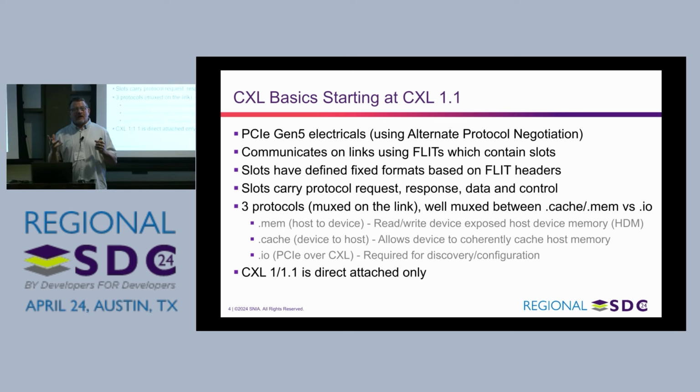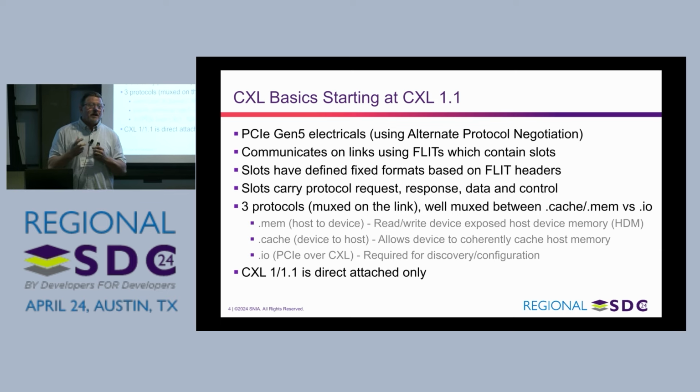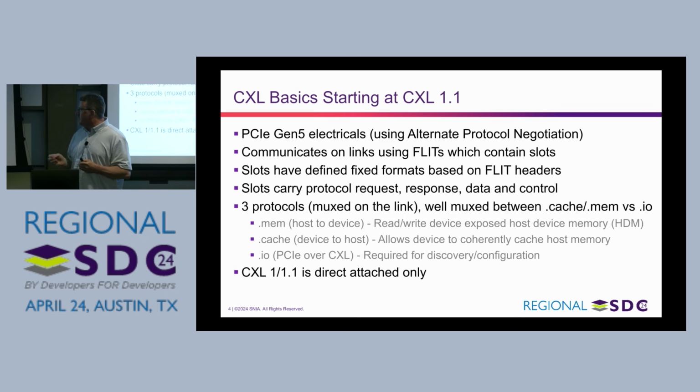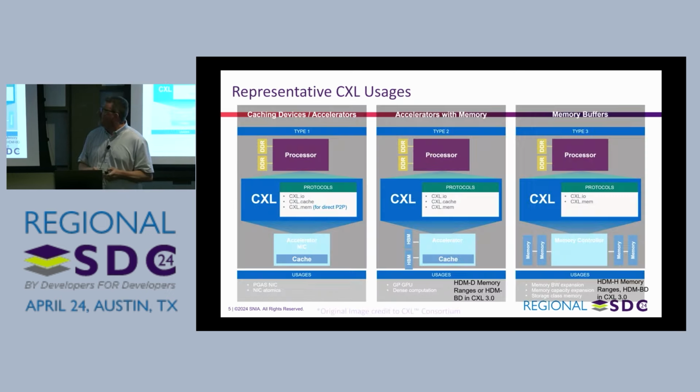So it can now, I don't want to use the word own, but it can interact with memory. It can cache memory addresses and stuff like that. And then lastly, there's PCI, which is the .io. And for CXL 1.1, it was direct attached only.